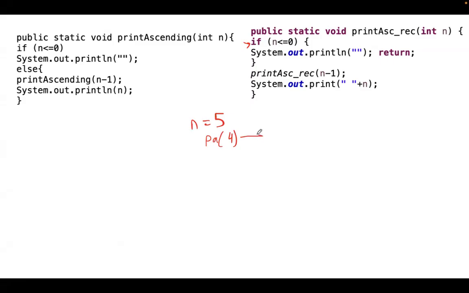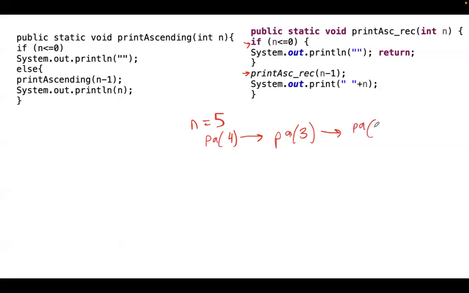And so when we do this, now n is 4. And so we ask, is it less than or equal to 0? No. So then we call it recursively. N minus 1 is 3. And this continues.